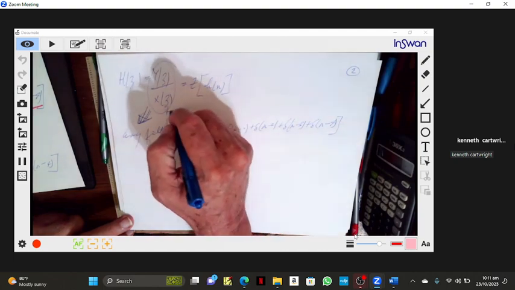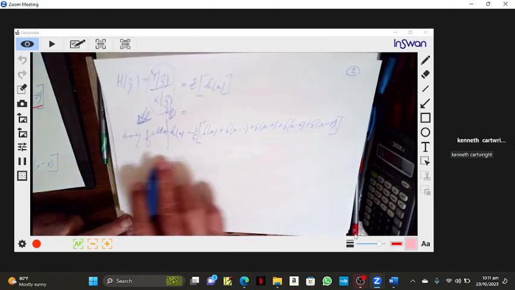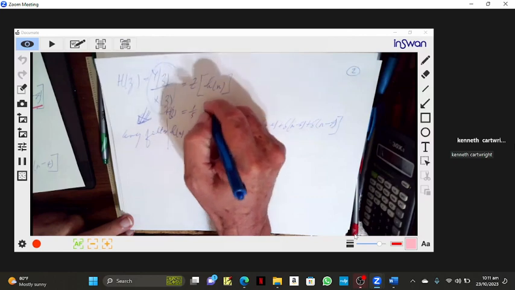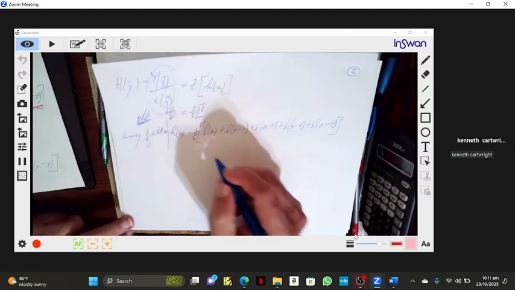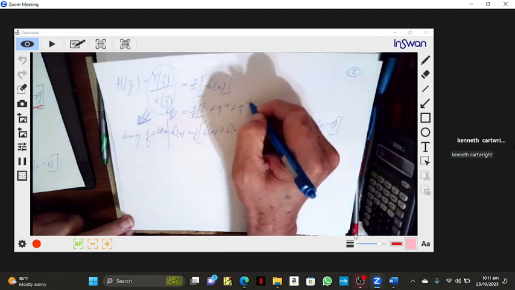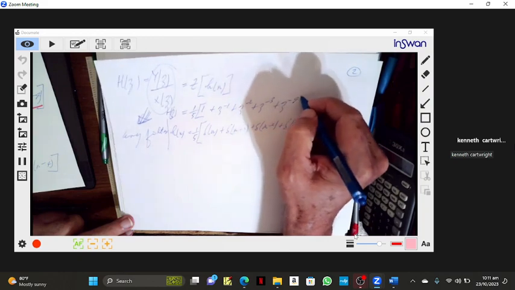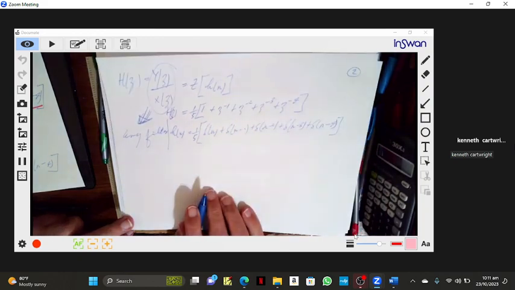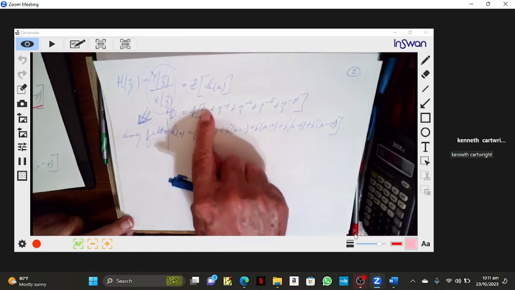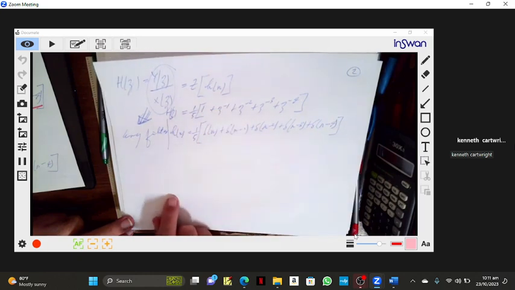So H of z is the z transform of this, which is 1 plus z to the negative 1, z to the negative 2, z to the negative 3, plus z to the negative 4. Because the z transform of delta of n is 1, and the z transform of delta of n minus 1 is z to the negative 1.